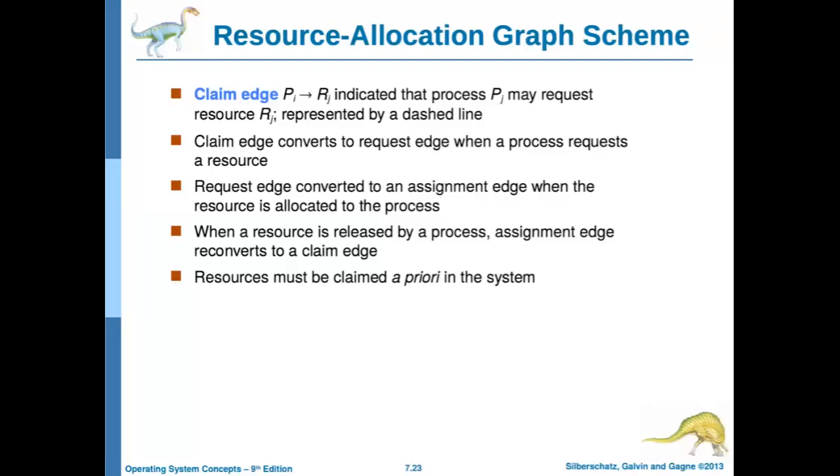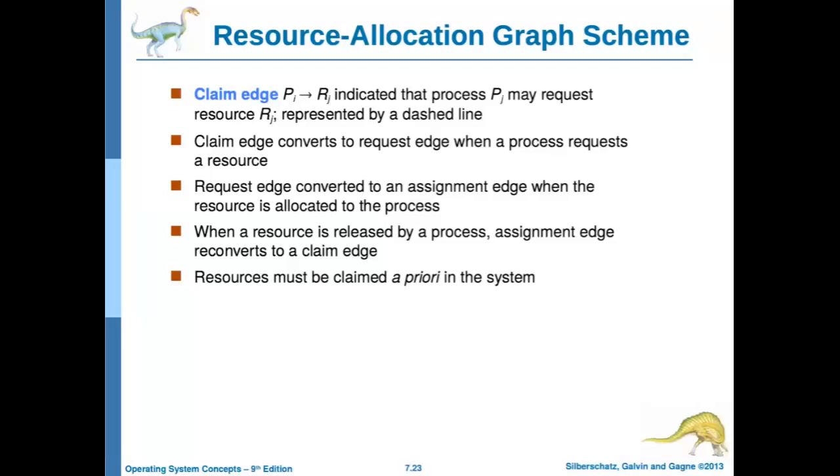Now one more type of edge is defined here, and that is called a claim edge. Claim edge always goes from process to resource. That means that the process is claiming that resource. Just to make it different from the request edge, this will be represented by a dashed line. Solid line is not used for that. Dashed line will be used.